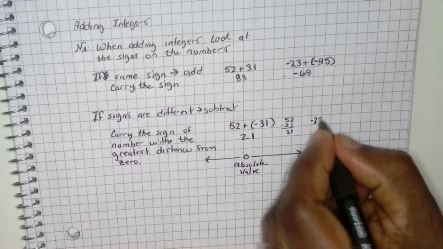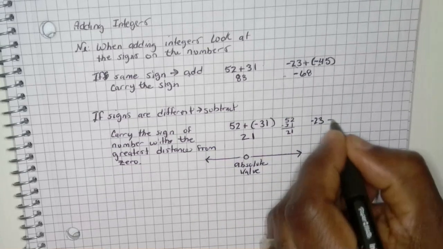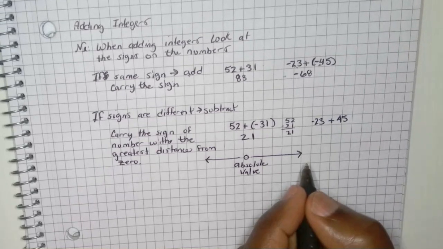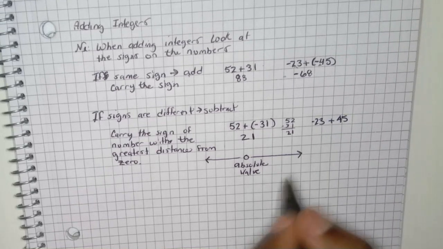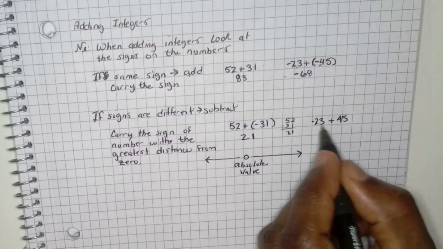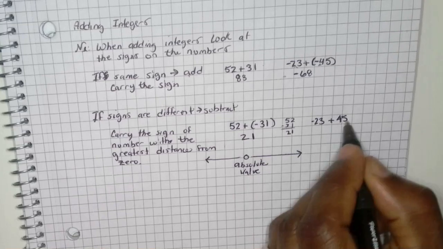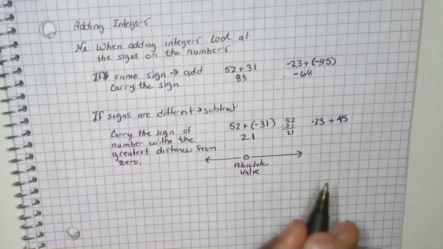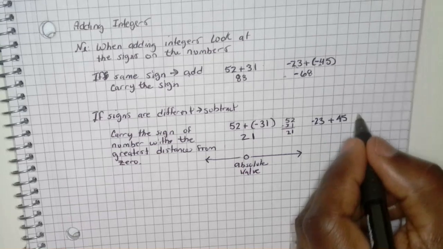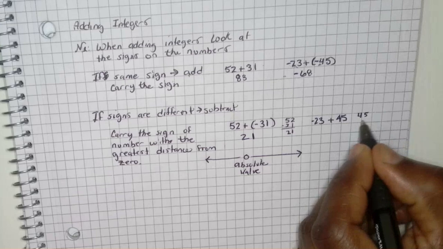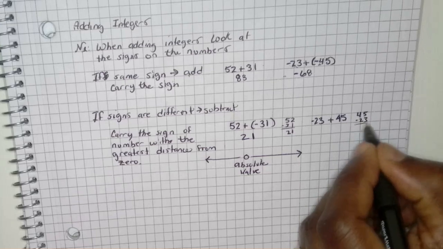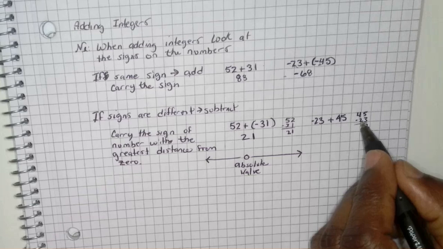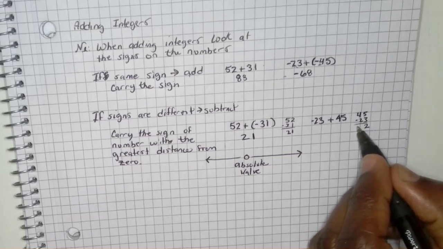Negative 23 plus 45. All right, let's look at it. These have different signs. That's a negative 23, that's a positive 45. So when you deal with integers, it doesn't matter who you put at the top. So put the large one. 45 minus 23. 3 from 5 is 2. 2 from 4 is still 2.